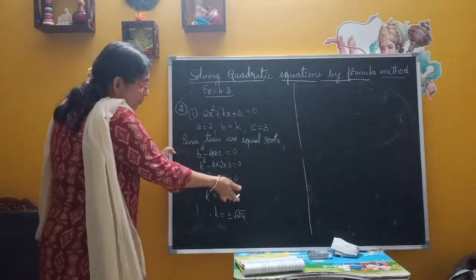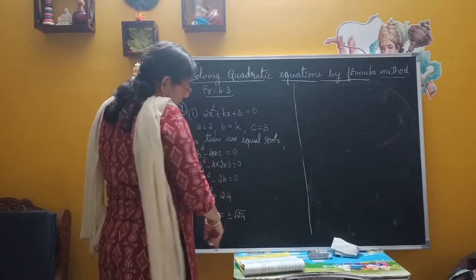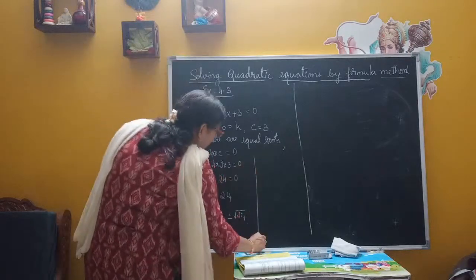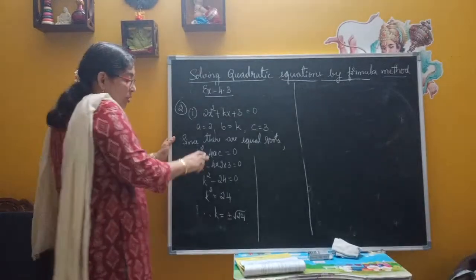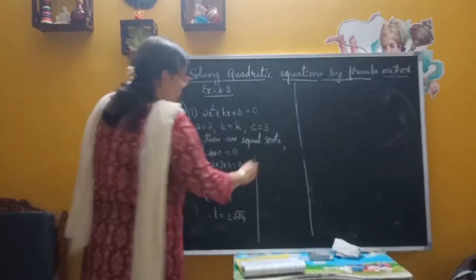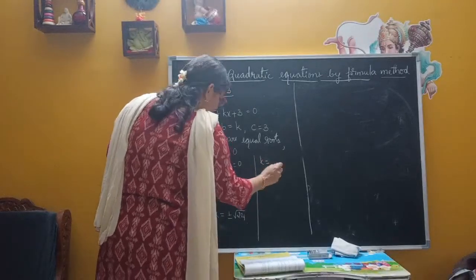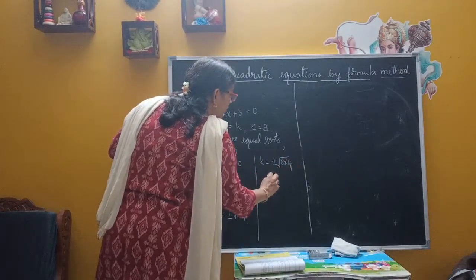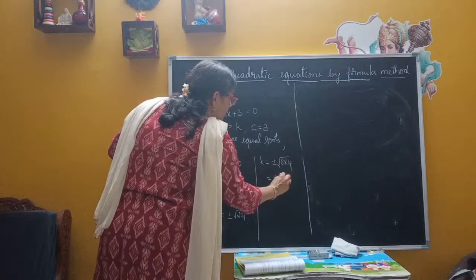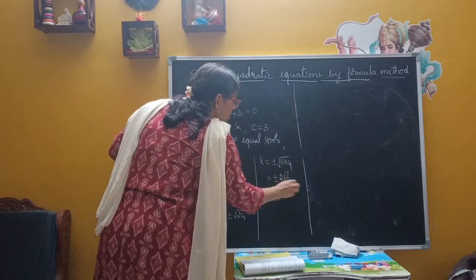Okay, square root of 24. Let us simplify it more. Square root of 24 can be written as 6 fours are 24. Isn't it? 6 fours are 24. So 4 is a perfect square. So we can write k is equal to plus or minus square root of 4 into 6, that is plus or minus 2 root 6.